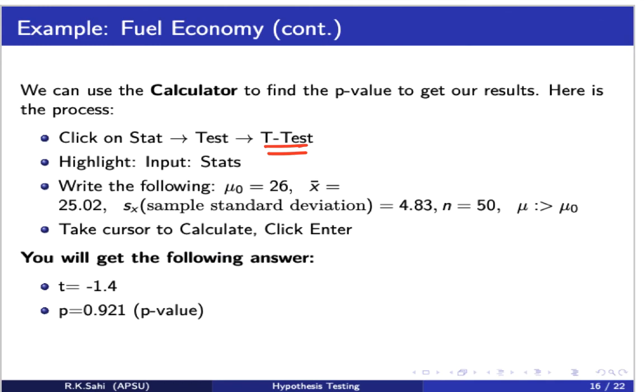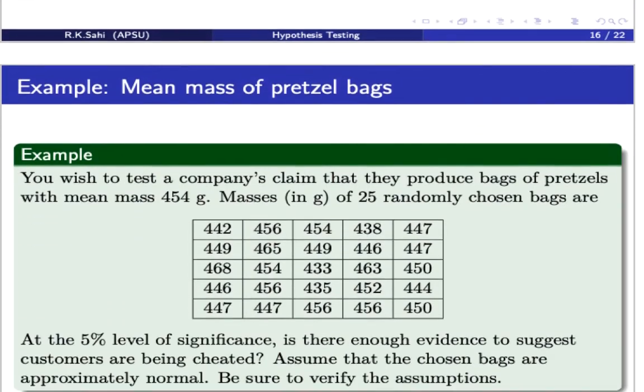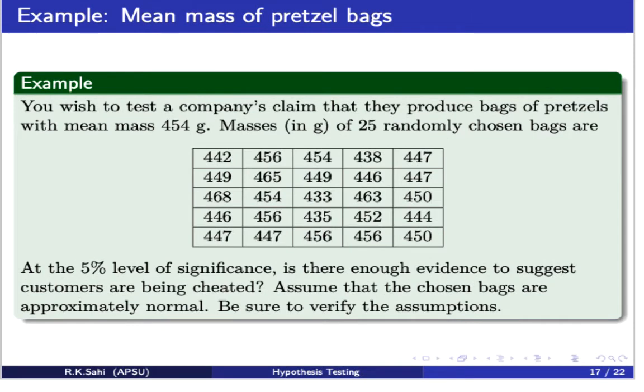Okay, let's look at another example. We wish to test a company's claim that they produce bags of pretzels with mean mass of 454 grams. So we randomly choose 25 bags, and these are the masses of each of these bags.